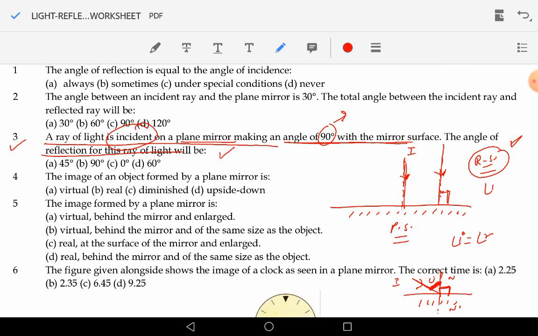So in this case, the angle of incidence is not 90, it is 0 degrees because the incident ray is also falling normally to the surface of the mirror. And now the angle of reflection will also come out to be 0 degrees, right? So this is only for confusing. Otherwise, if our concept is clear, then we know that the angle of reflection in this case is 0. So our answer is C part, which is 0 degrees, right?